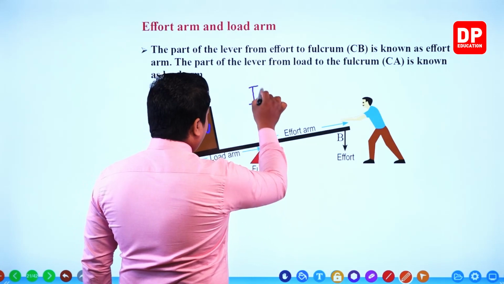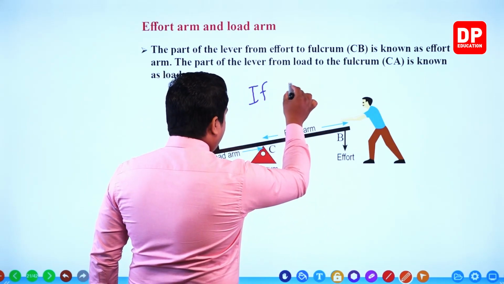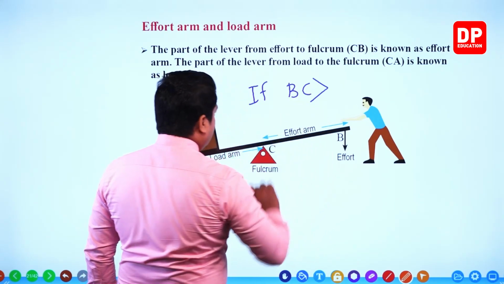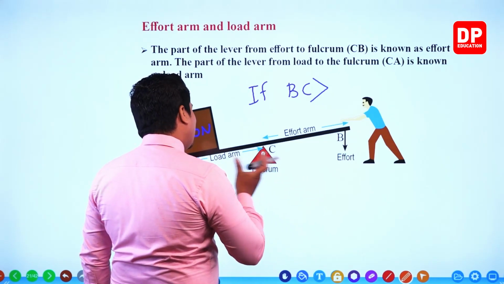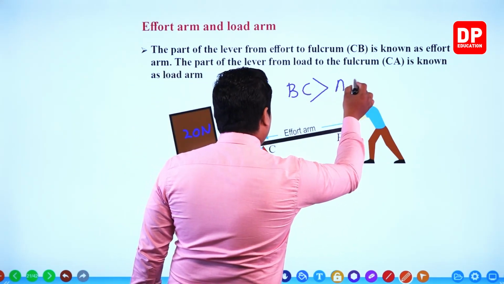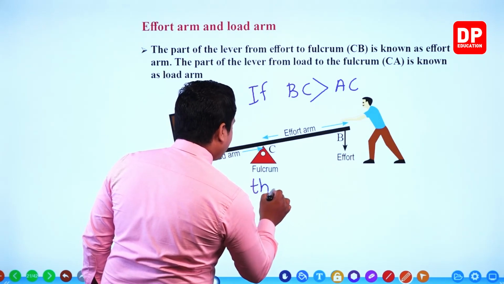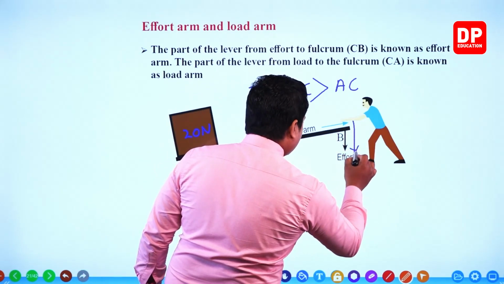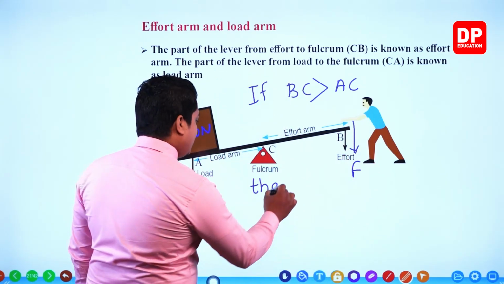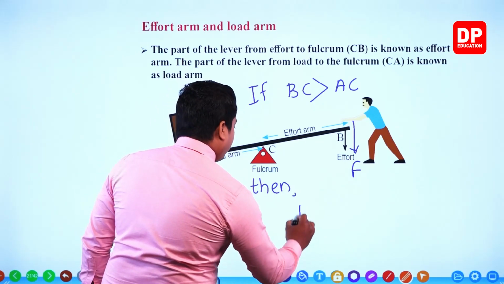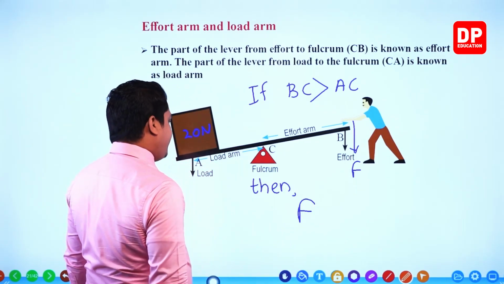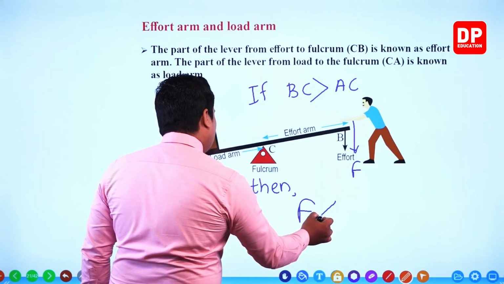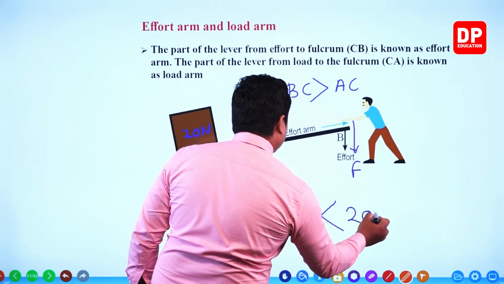If BC is greater than AC, then if I am going to take this force as F, then my dear children, the force which is applied on F is definitely less than 20 Newton.